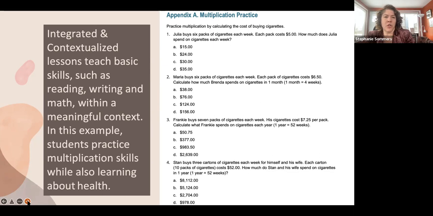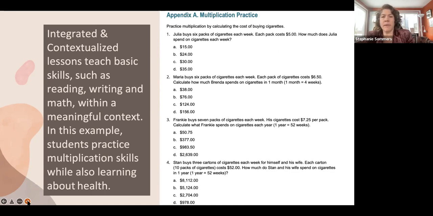The gist of integrated and contextualized lessons is that you are teaching basic skills such as reading, writing, and math within a meaningful context. So again, in this lesson, students are going to read and speak, and they're going to practice effective communication and critical thinking.